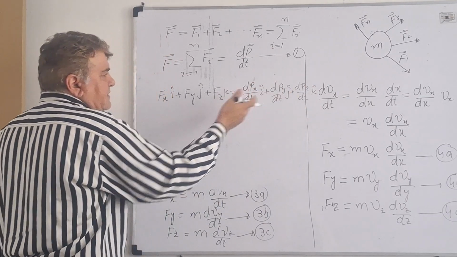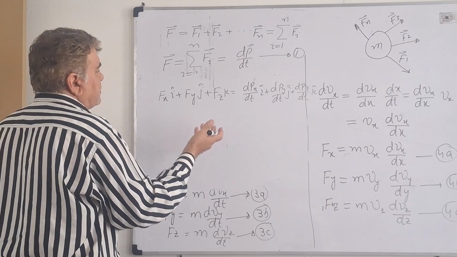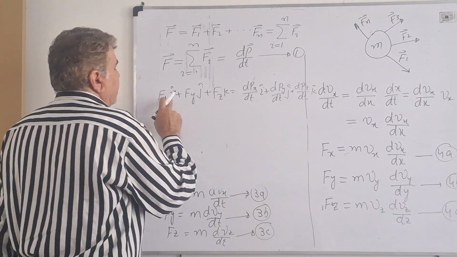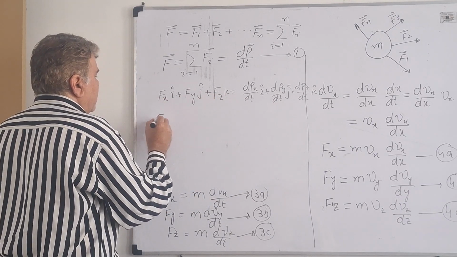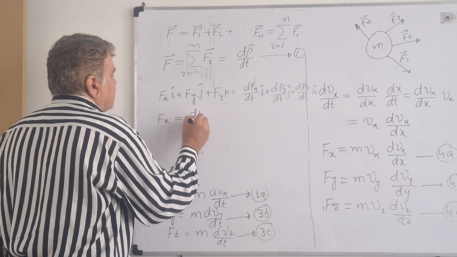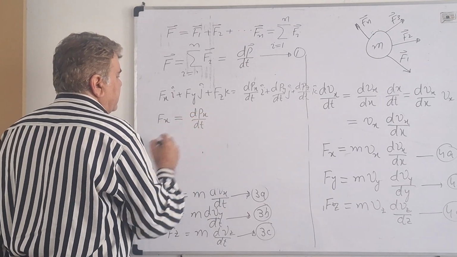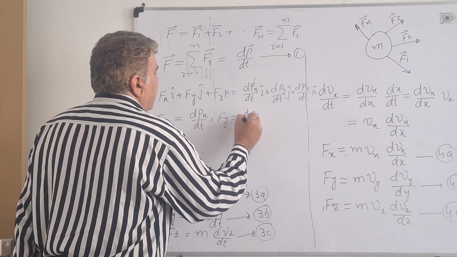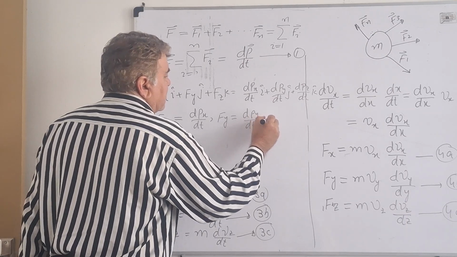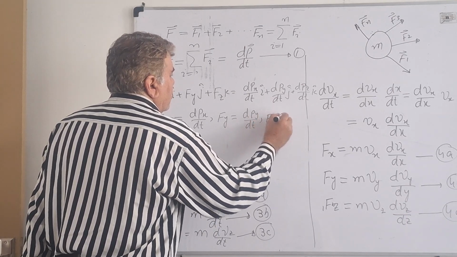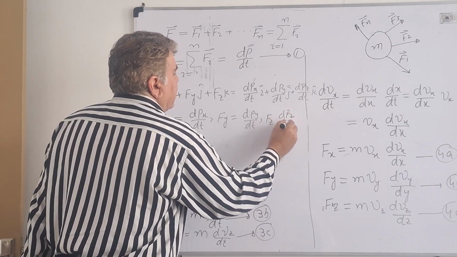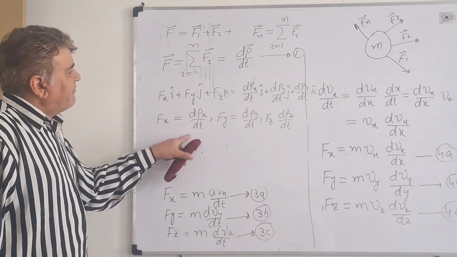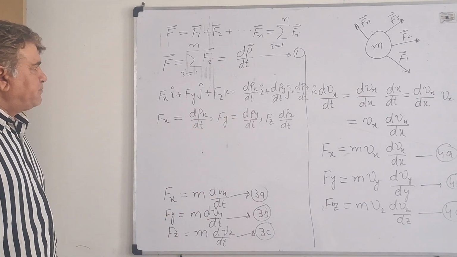And from this equation, projecting it onto the x component, that is, taking the dot product of unit vector i with this equation, gives me Fx equals dpx over dt, and similarly Fy equals dpy over dt, and for the third component Fz equals dpz over dt. So this is another differential form of Newton's second law.